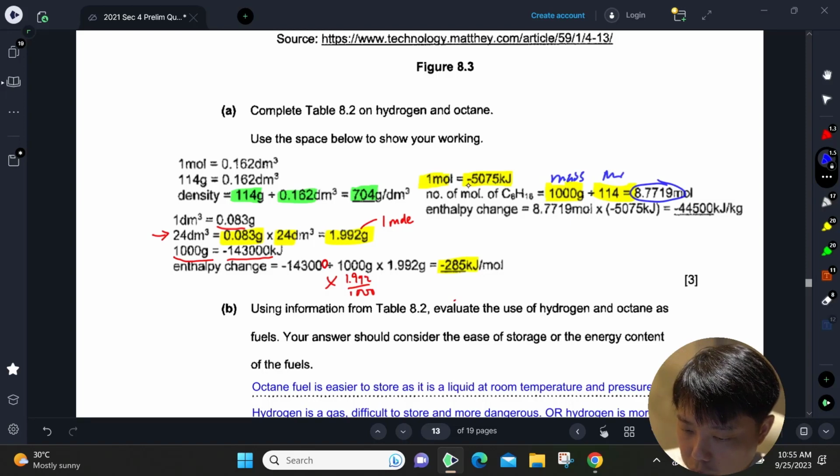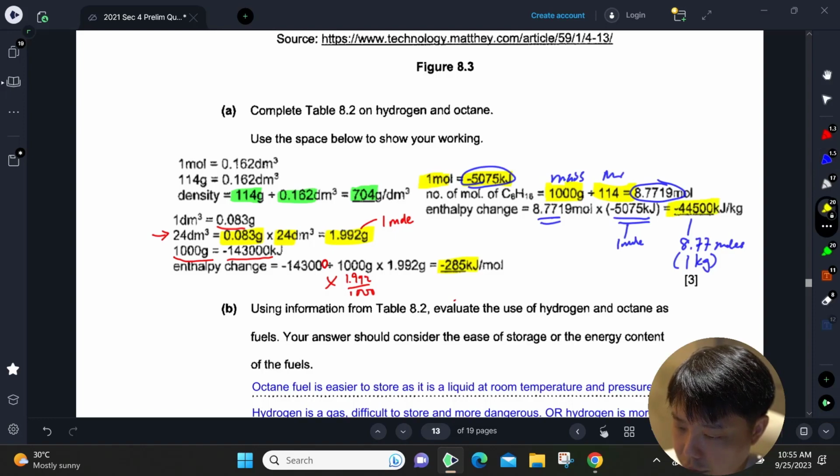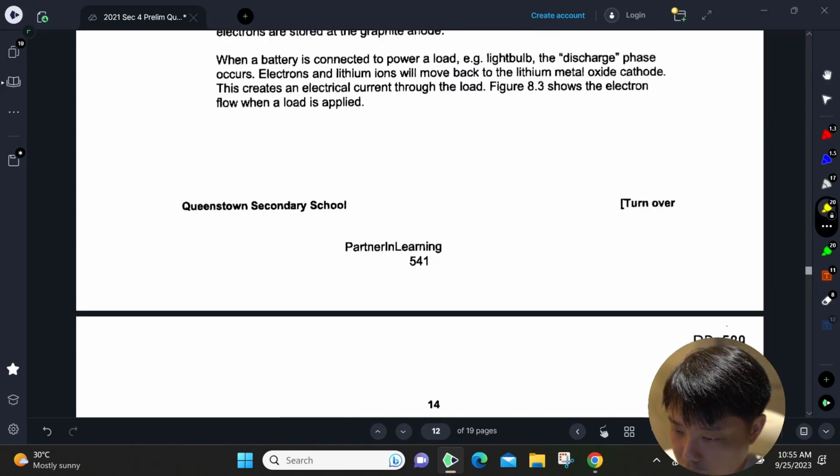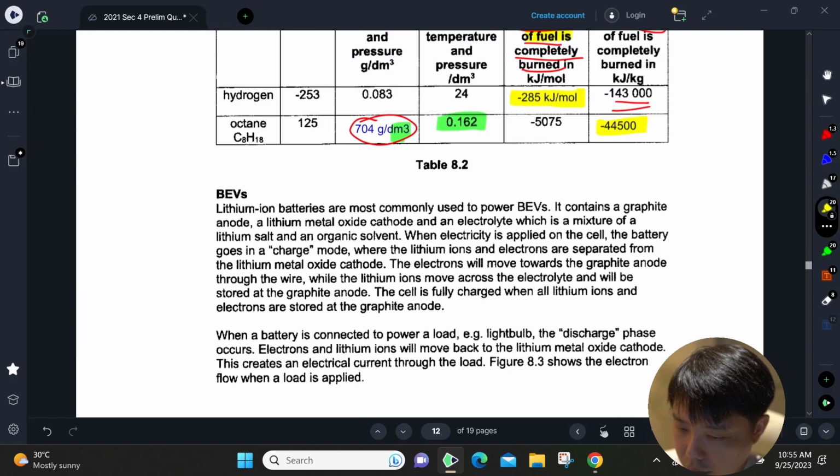Since 1 mole gives us about 5000 kilojoules of energy, 8.77 multiplied by this amount for 1 mole will give us the enthalpy change for 8.77 moles, which is also for 1 kg. So we will put this number, negative 44,500, into our table here. That's how we fill up the whole table.